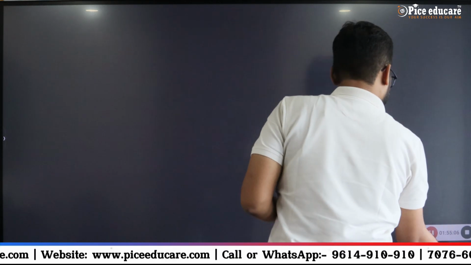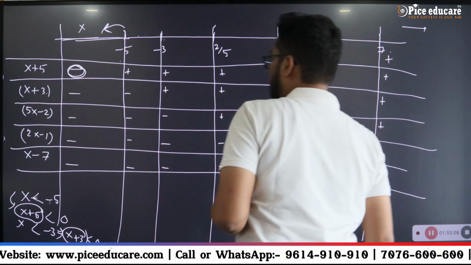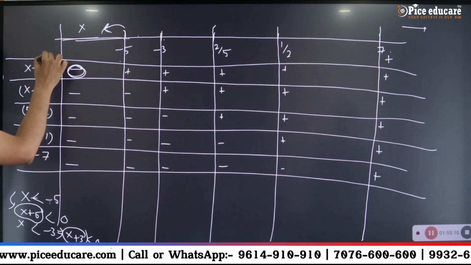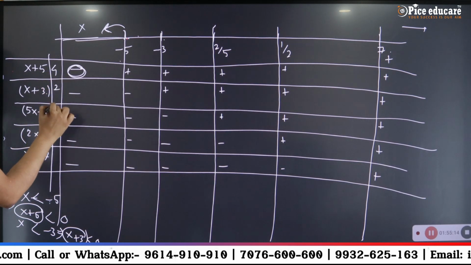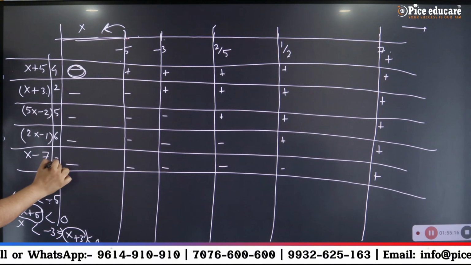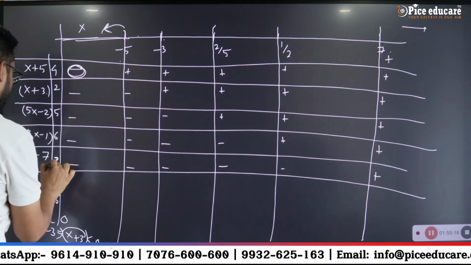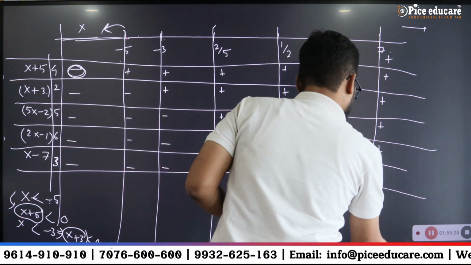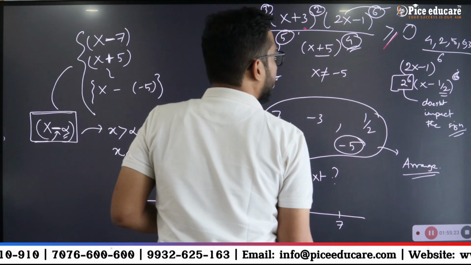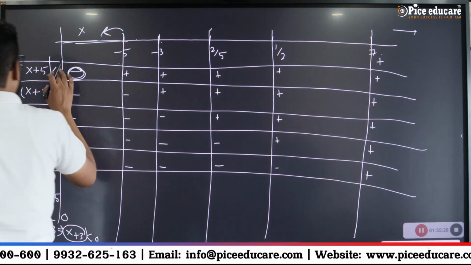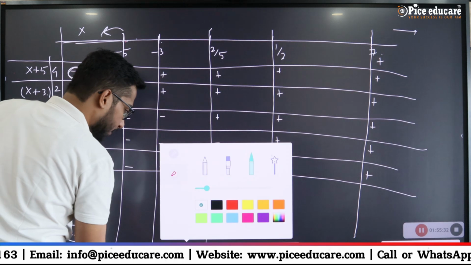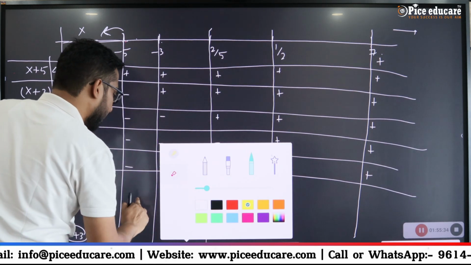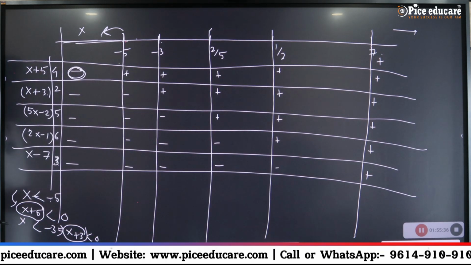Then you write it here: 4, 2, 5, 6, 3. Yeah, that's fine. So these values are not important. What is important is whether these integers are even or odd.